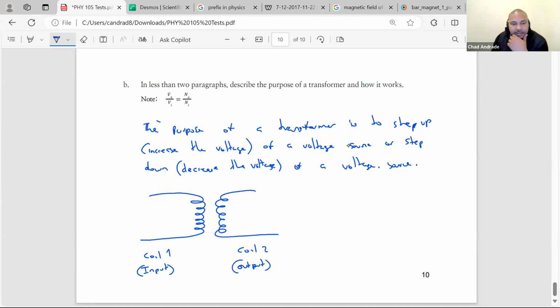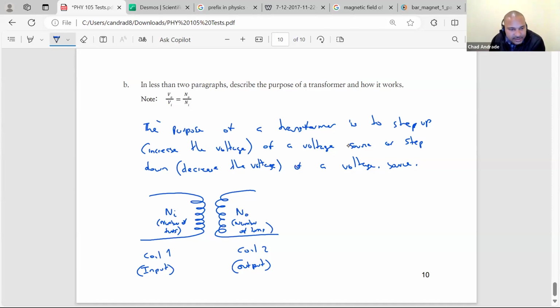And then I'm gonna put something here, N, I. This is number of turns. So when I say number of turns, I mean how many times is the wire looped around? This is NO for output. And then this is the number of turns on this side.